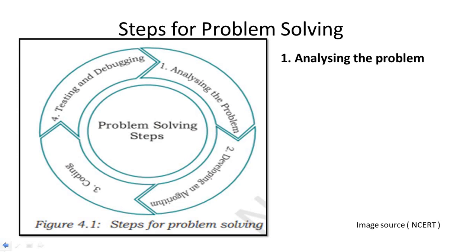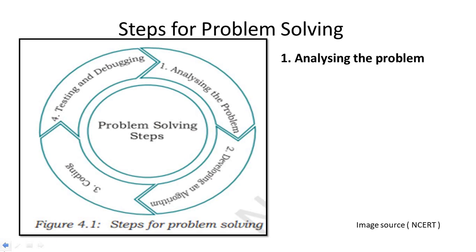Now our first step is analyzing the problem or understanding the problem. In understanding the problem, we are going to identify what inputs are required, what outputs are required, then how input is going to be converted into the output.